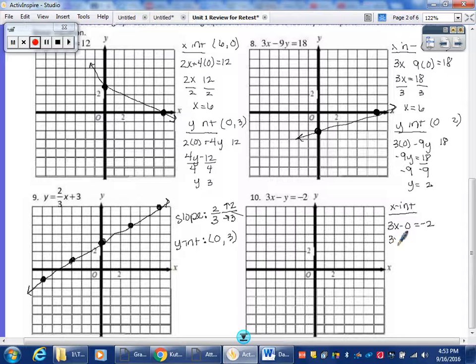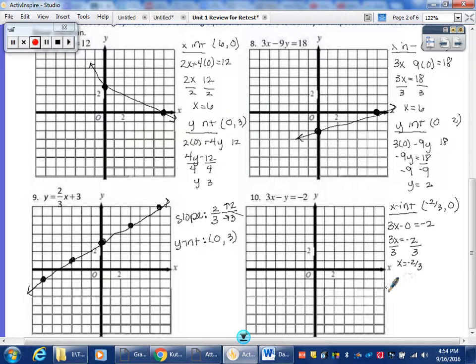And so 3x is equal to negative 2. Divide by 3. x is equal to negative 2 over 3. Remember that fractions are our friends and sometimes food. So it's fine that the x-intercept is negative 2/3, not to freak out about that.